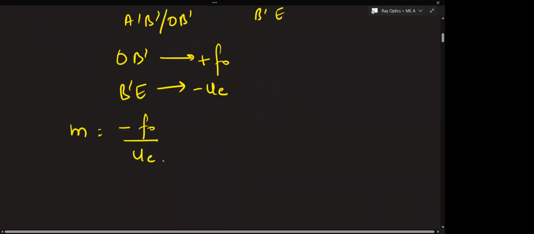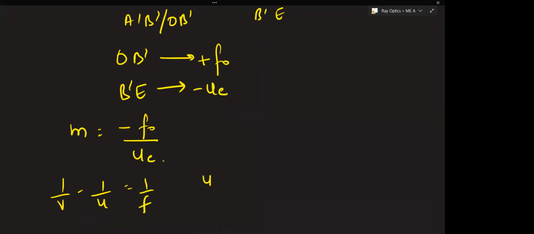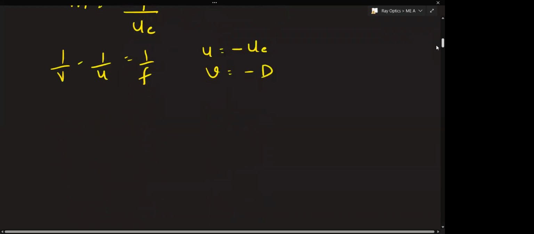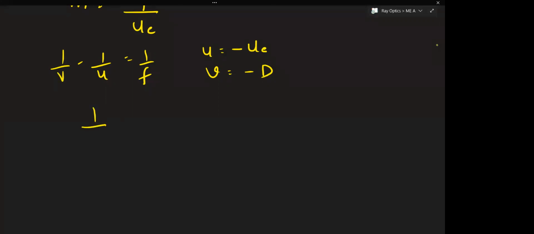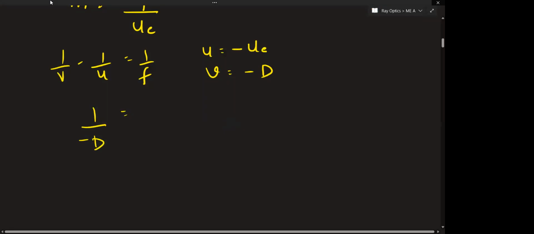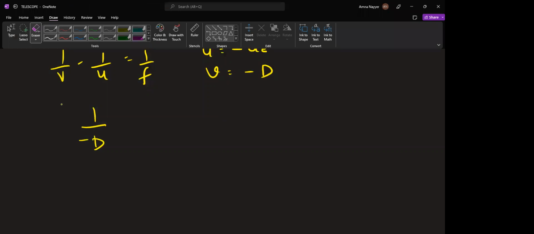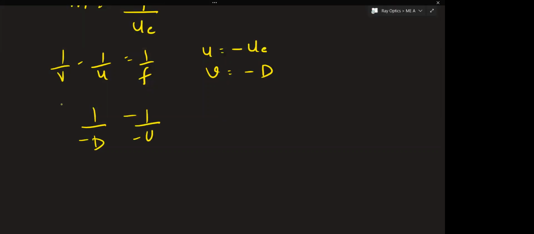Now if you use the lens formula to replace it, 1 by V minus 1 by U is equal to 1 by F. We have to find out the values. Object distance, we know it's minus UE, and the image is formed at least distance of distinct vision. So you will get 1 by minus D minus 1 by minus UE equal to 1 by minus FE.